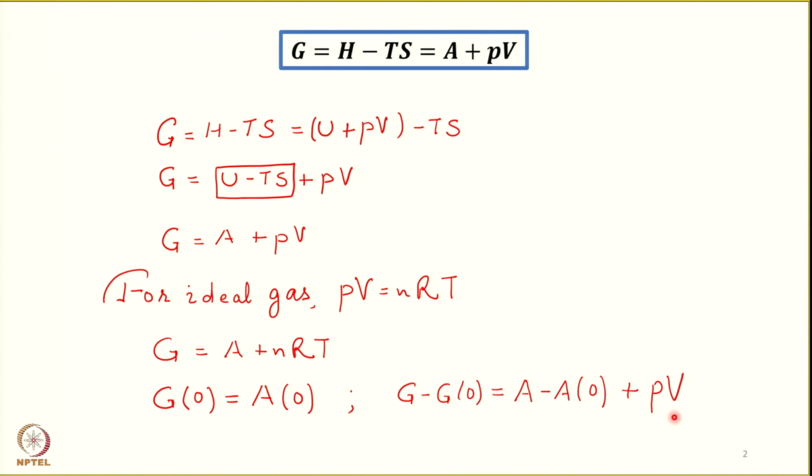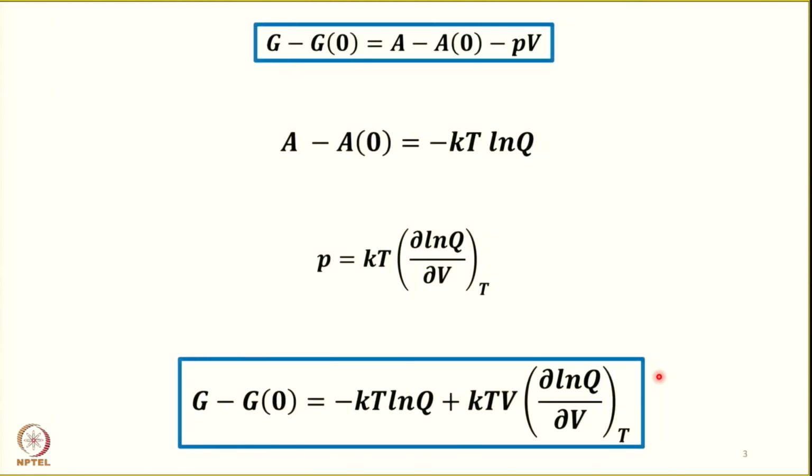Remember that we already have derived an expression which connects A with canonical partition function and which connects P with canonical partition function. And what are those equations? Let us take a look.